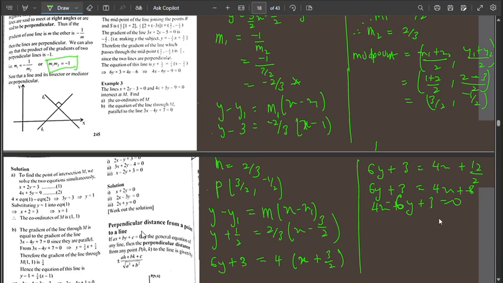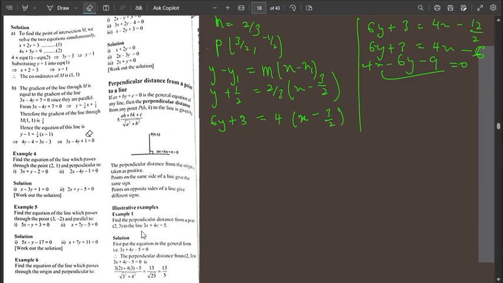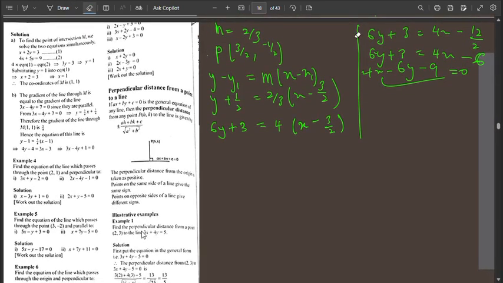Wait, I got it wrong again? Oh, holy moly. I got it wrong. So we made a mistake here. Instead of positive, it was minus, so that's minus 6, and then this is the equation I will get in the end. So it's 6y plus 3 is equal to 4x minus 6.